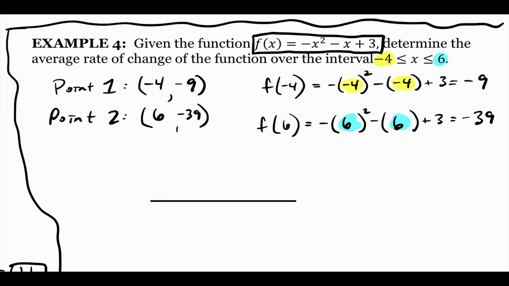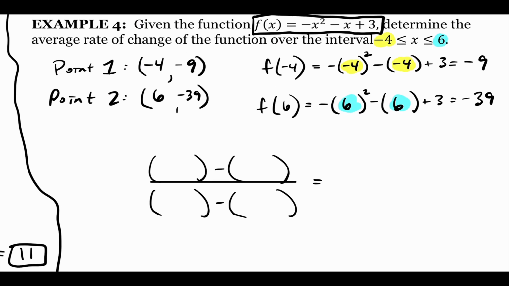Last thing, formula. y2 is point 2's y. Point 2 has a y of negative 39. y1, point 1 has a y of negative 9. x2, point 2's x is 6.